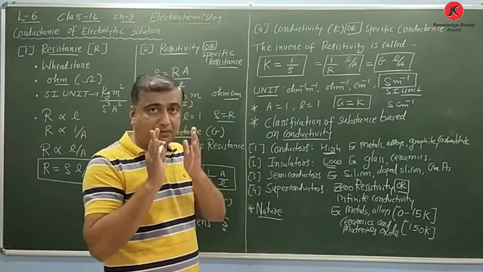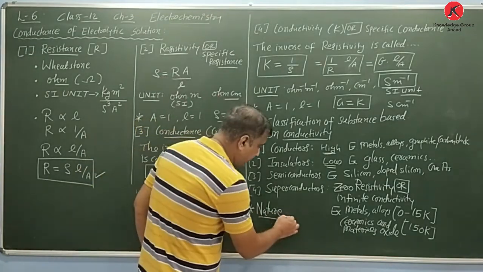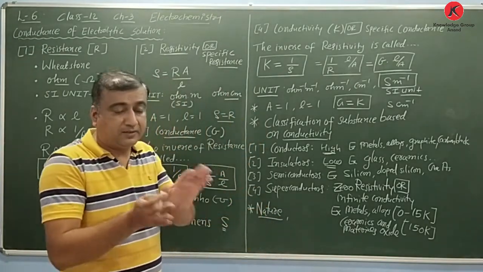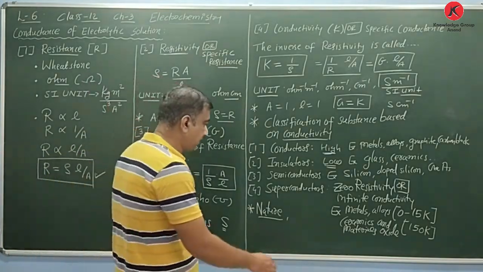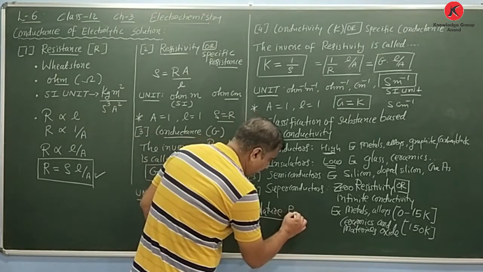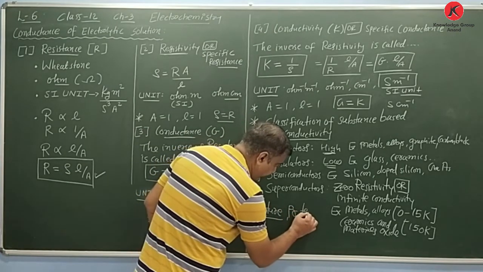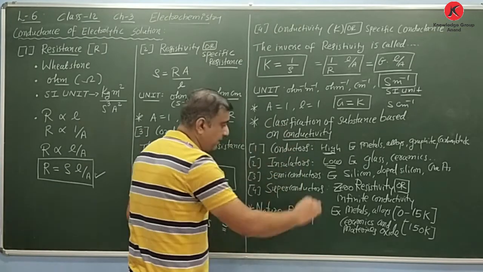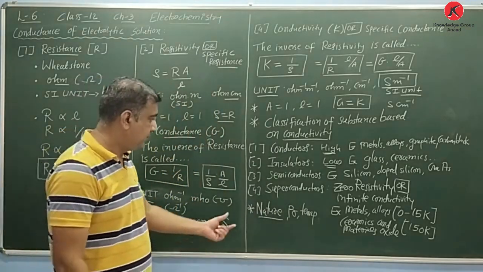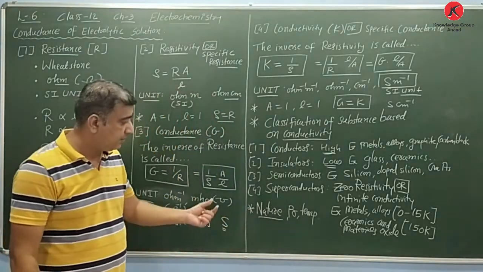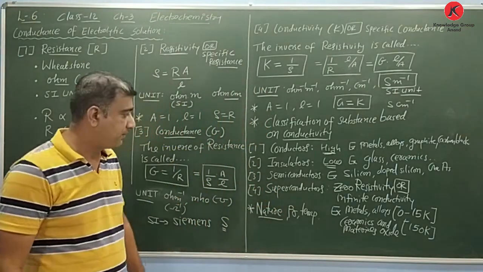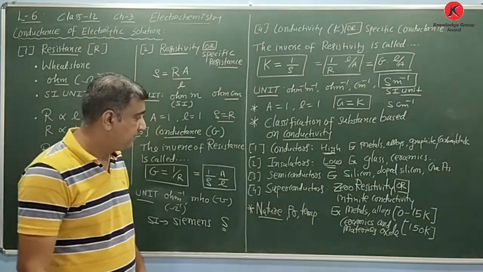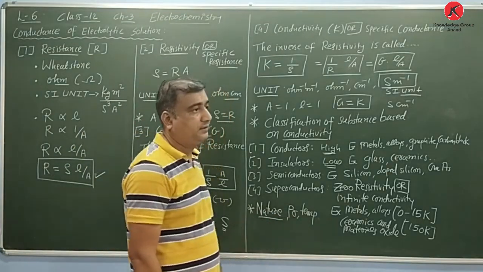It also depends upon the temperature and pressure at which the conductivity is measured. So keep in mind, the value of conductivity depends upon the nature of the material, that means structure, pressure and temperature.